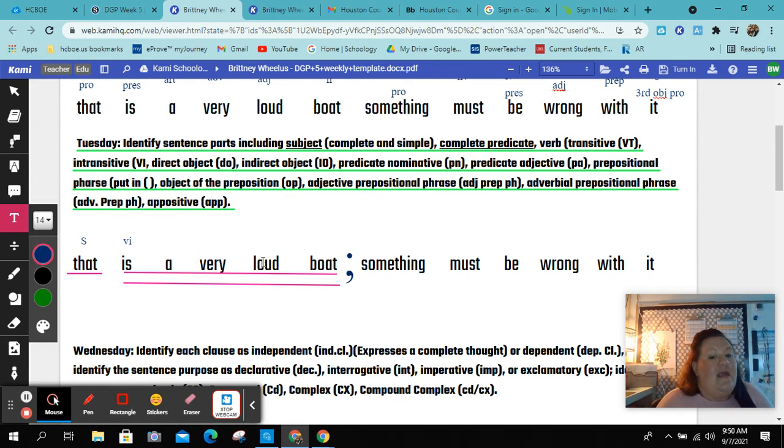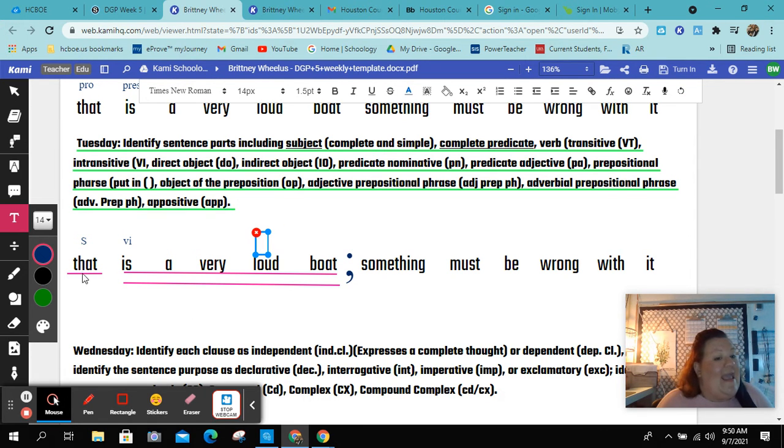It's a loud boat. So loud is describing boat and that. Therefore, it's what we call a predicate adjective. It is an adjective in the predicate of the sentence, but it's describing that and boat, because boat is referring to that or that is referring to boat. Are y'all with me on that? Does that make sense?